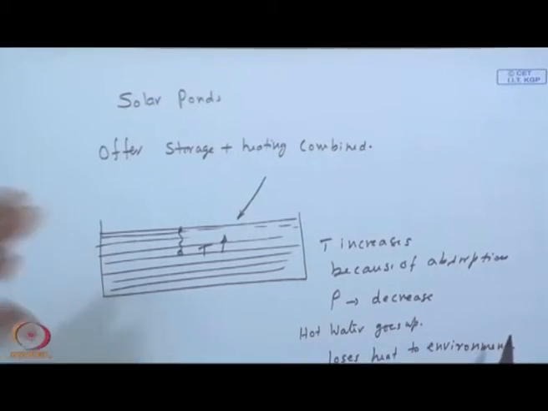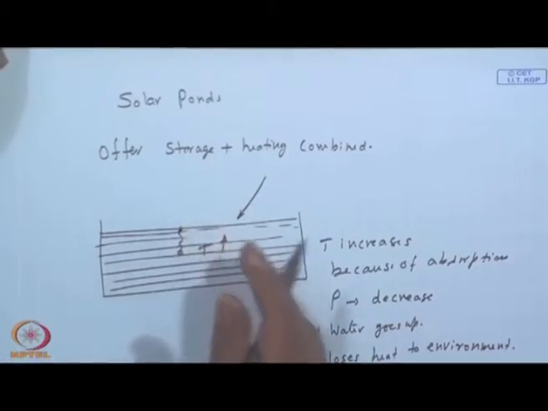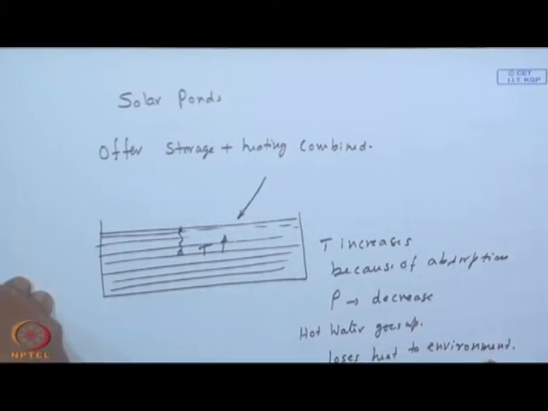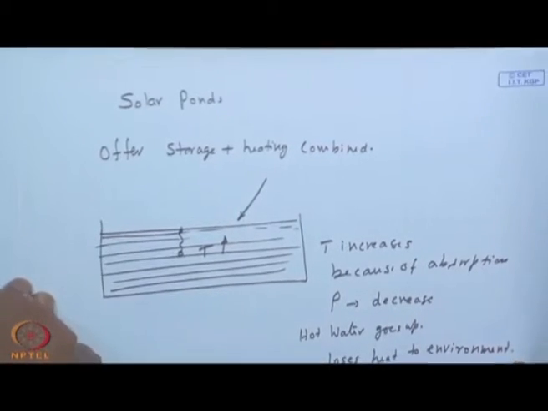So, what is normally happening in a lake is that the layer of water absorbs the solar radiation, the temperature increases. As the temperature increases, the density decreases and it goes up, interacts with the surroundings and loses its heat, and it is a continuous process.